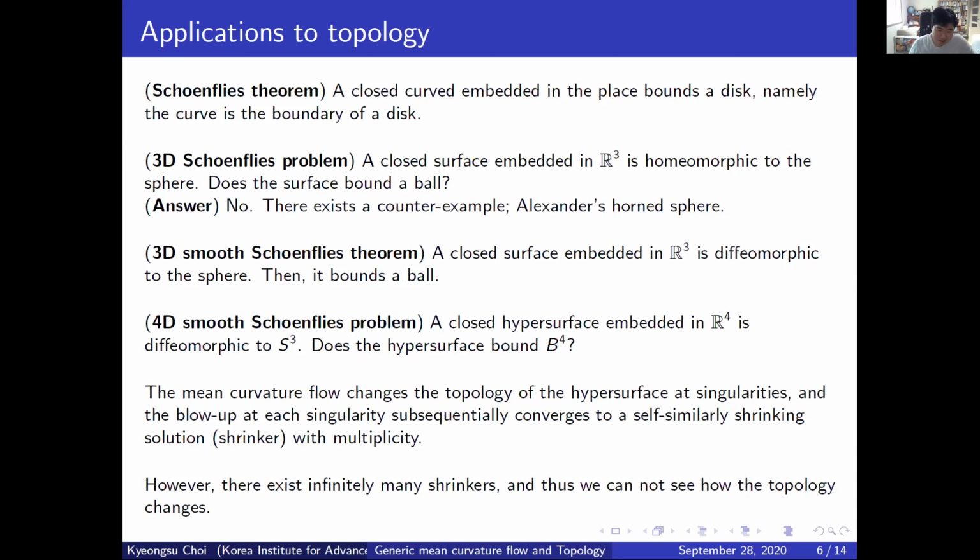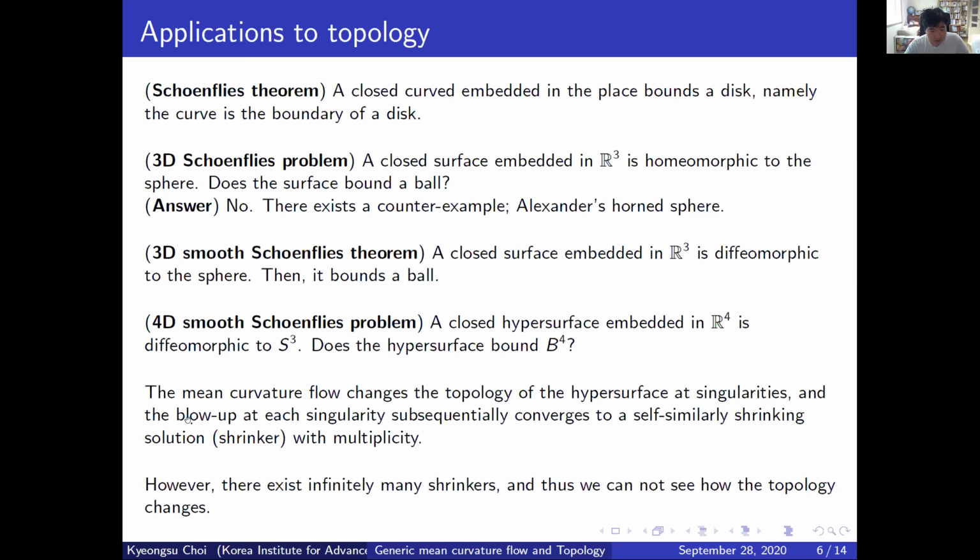So maybe there would be some condition to make this statement true, because I heard that many topologists are trying to construct a counterexample. Who knows? Maybe in the future they can find a counterexample. Then maybe for geometers we can find some sharp enough conditions to make this problem true. But it is still open. No one knows whether this statement is true or not.